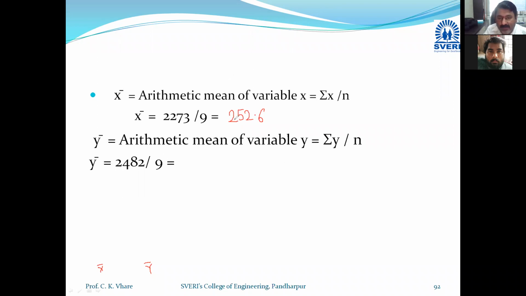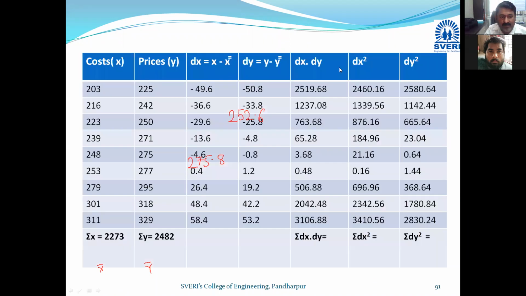Arithmetic mean of Y. The summation of all Y is already taken, 2482 divided by 9. You will get the value 275.8. So I have calculated X bar and Y bar. Now let us move to this scale. I will mention here for your ready reference the values of X bar and Y bar.